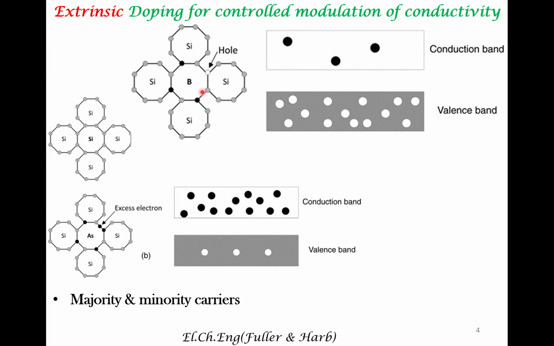Let us move on. The holes in the semiconductor are again characterized by the number of holes per unit volume, given by the symbol P.